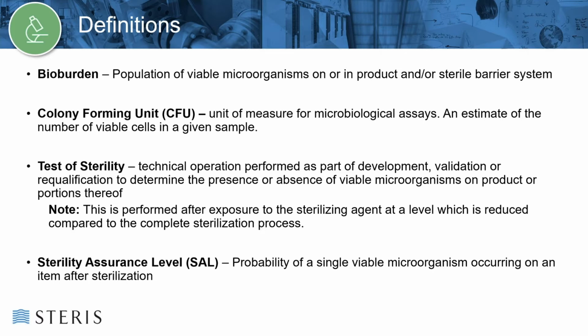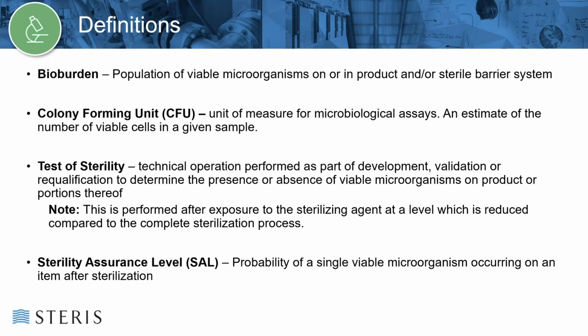We will start by reviewing some key terms such as bioburden, which is the number of viable microorganisms on or in a product or sterile barrier system. Bioburden is measured in CFU, colony forming units, which is an estimate of the number of viable bacterial and or fungal cells in a given sample.